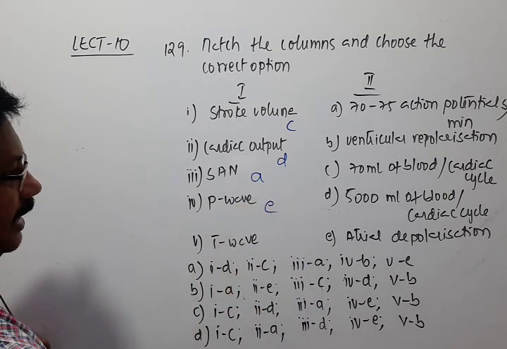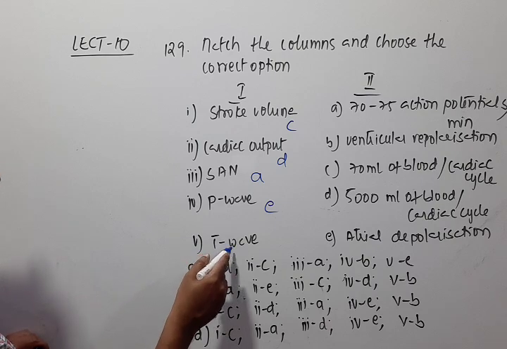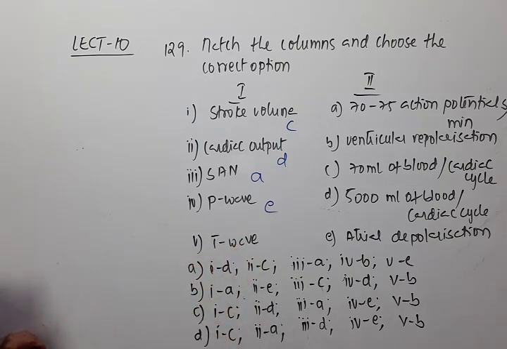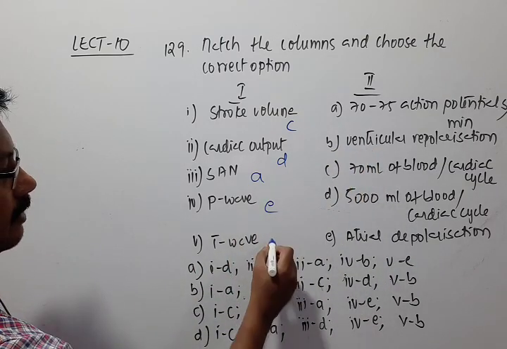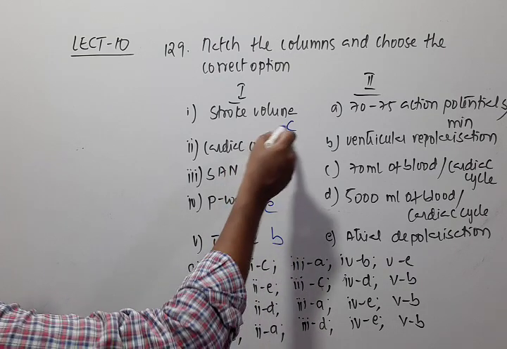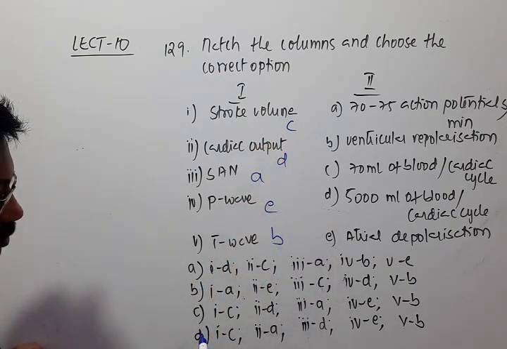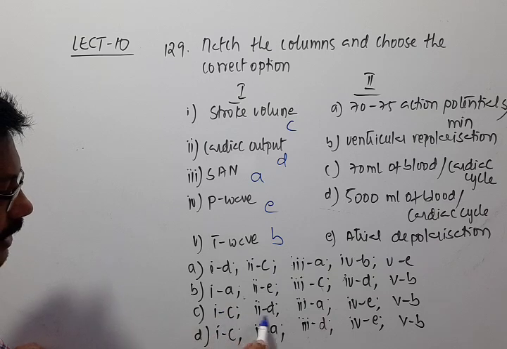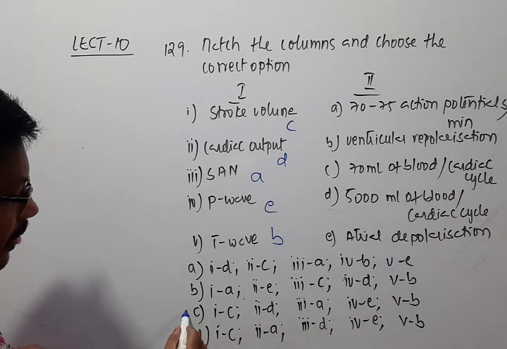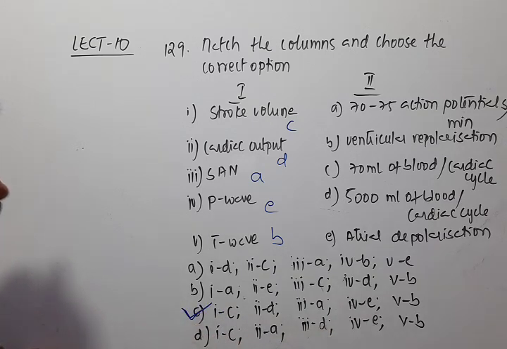So that is E. And the T wave, the last wave, represents ventricular repolarization, that is relaxation of the ventricles. So that is B, right? So C, D, A, E, B. So the C option is the right option for this question.